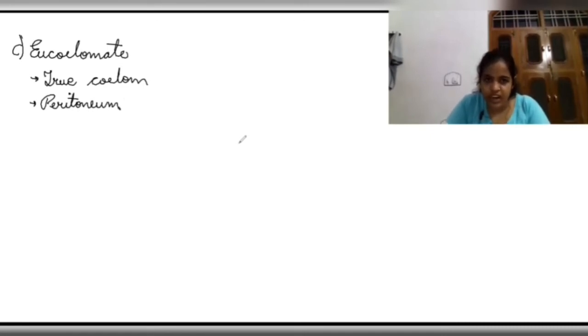So this is the gut surrounded by the endoderm. Then on the inner side, what is present? Mesoderm is present. This is mesoderm. Then again on the outer side, what will be present? Mesoderm will be present.